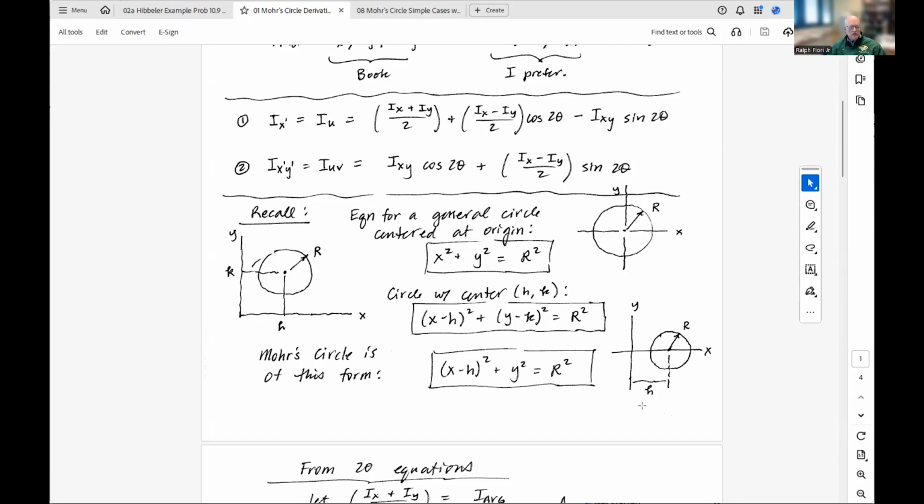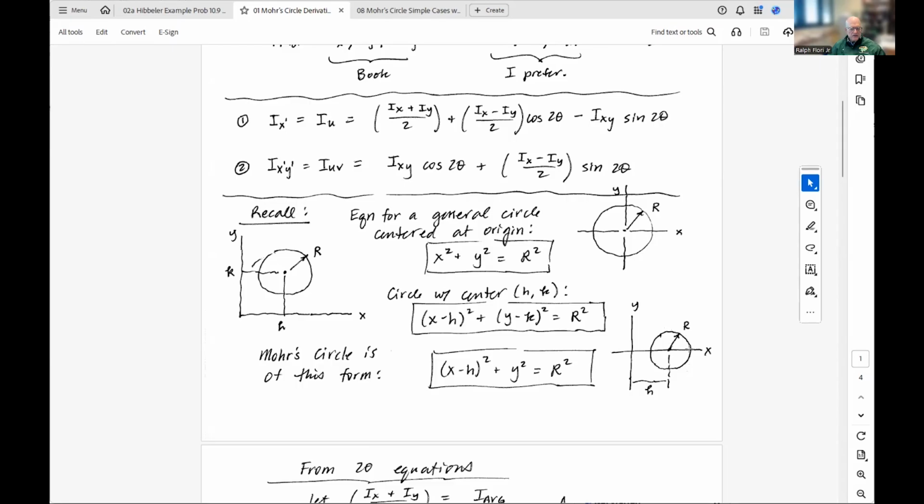One more thing to note: this circle is a locus of points of all combinations of moment of inertia and product of inertia at every orientation in the plane. For a given area, if you rotate those axes, you're going to calculate a different moment of inertia and a different Ixy, but all of those will fall on this circle somewhere.